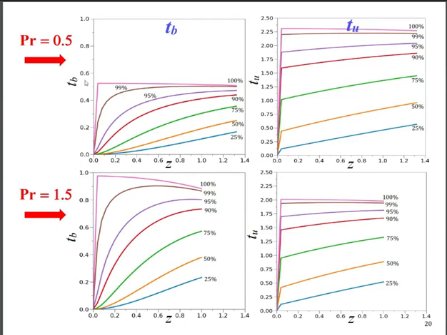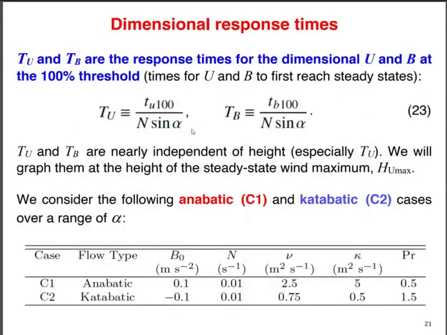Not so for the buoyancy. Okay, there's basically a factor of 2 difference between the Prandtl number of 0.5 and 1.5. The smaller Prandtl number gives you a more rapid response time for the buoyancy, not for the wind.